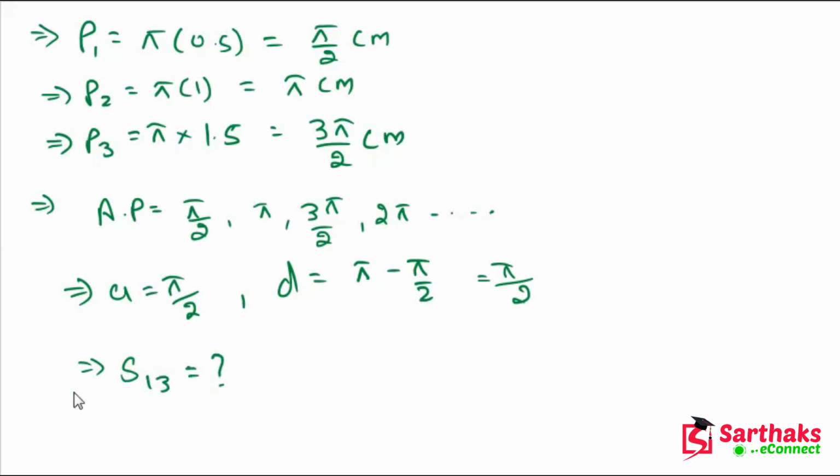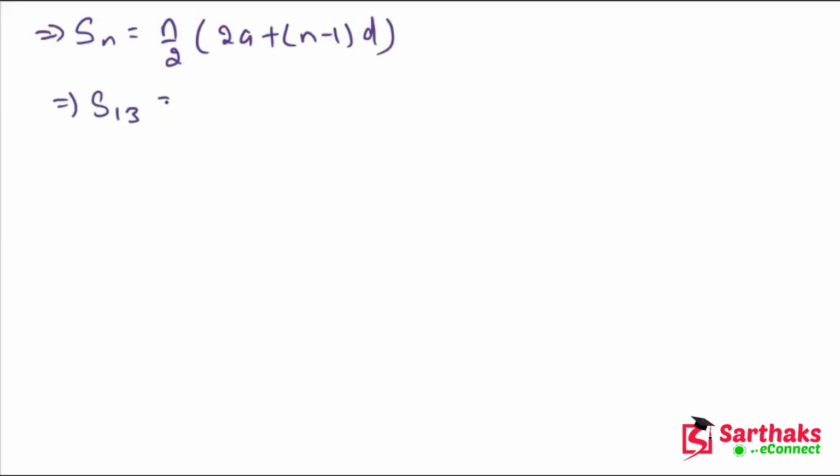Okay, now let's find that. Now we know that Sn is equal to n upon 2 into 2a plus n minus 1 into d. Now we have to find S13. Now 13 upon 2, we have 2 into pi by 2 plus n minus 1, that is 13 minus 1, into pi by 2.